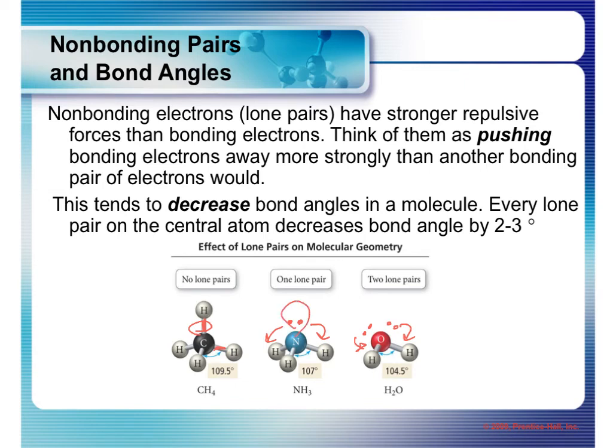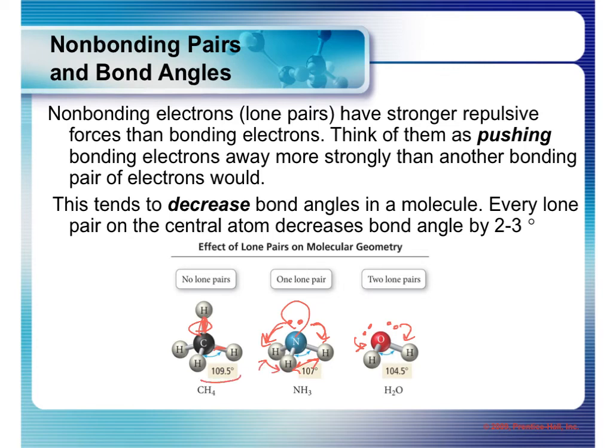But if you have a lone pair, they're not distributed or shared among any other atoms other than nitrogen, so that makes their repelling force stronger than bonding electrons. And because of that, the remaining angles between bonding atoms decrease a little bit.